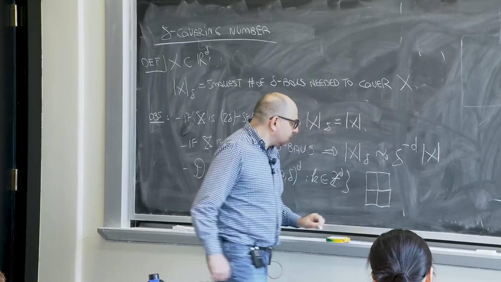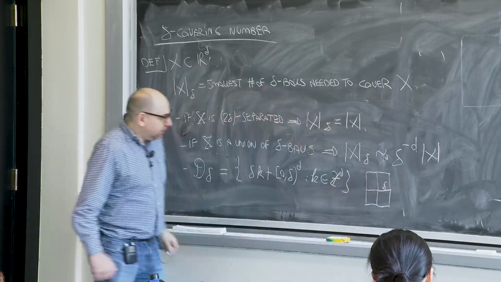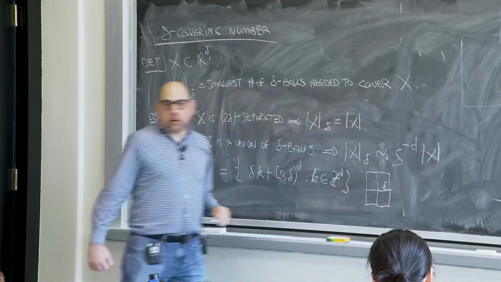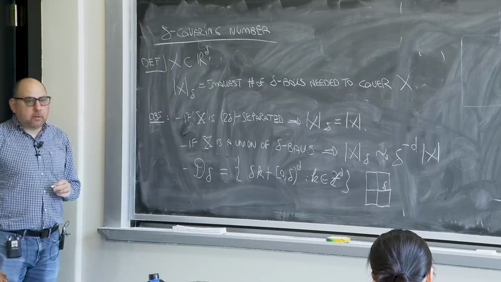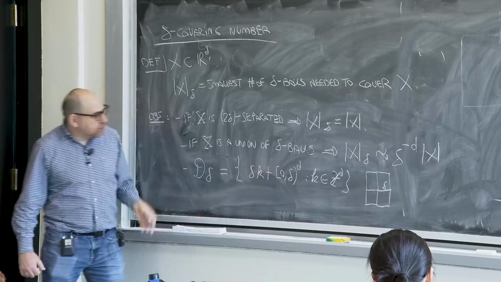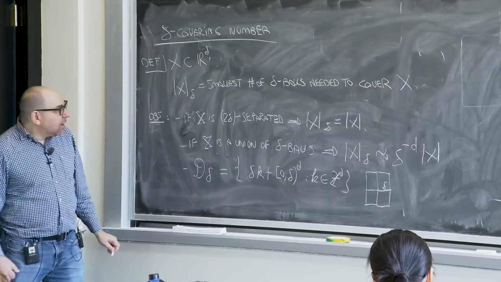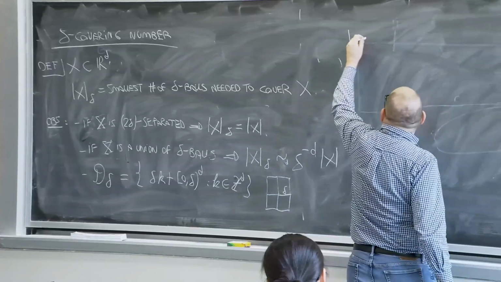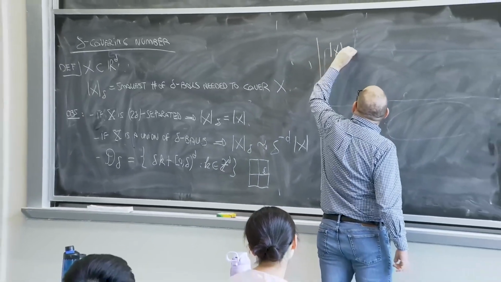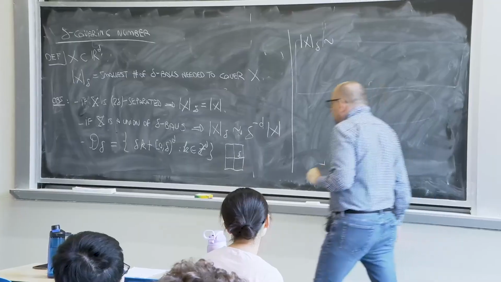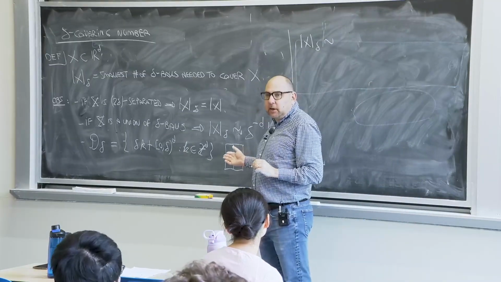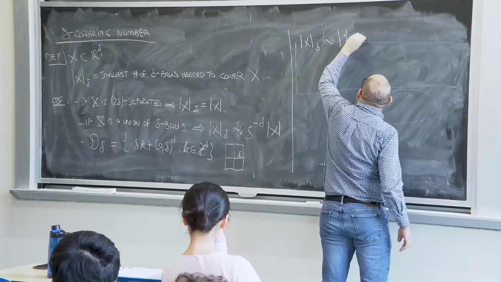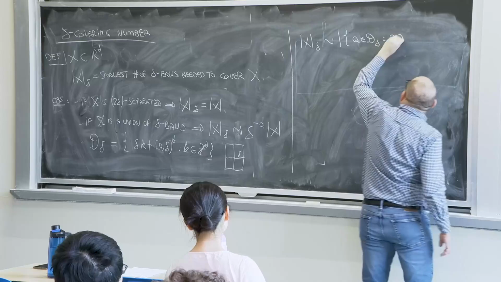Delta doesn't have to be dyadic, but this is the tiling of R^d by cubes of size delta. I make them half open so they are disjoint, but it's not really important. So the delta covering number is, up to a multiplicative constant, the number of cubes in the delta tiling that are hit by the set. So the cardinality of the cubes which intersect the set.